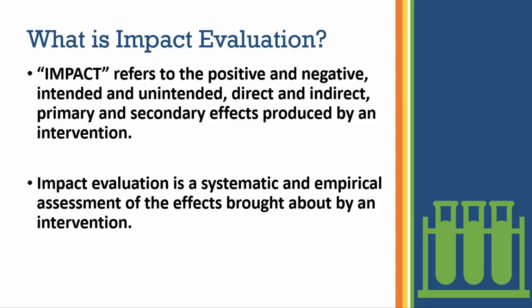You've got those keywords there, direct and indirect. What do they mean? It means that, for instance, what is the direct effect of building that house? It's improved incomes, not so. But there could be an indirect impact.